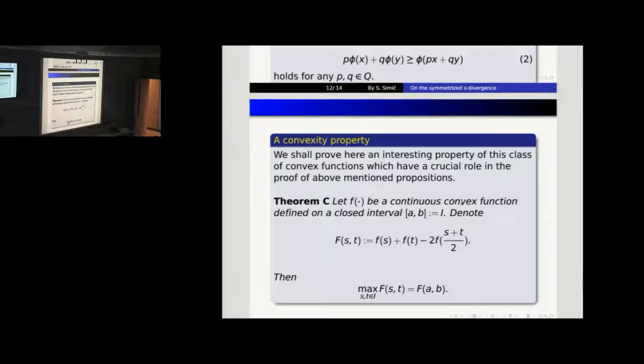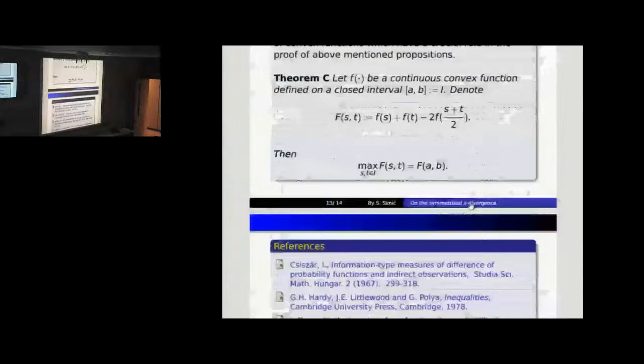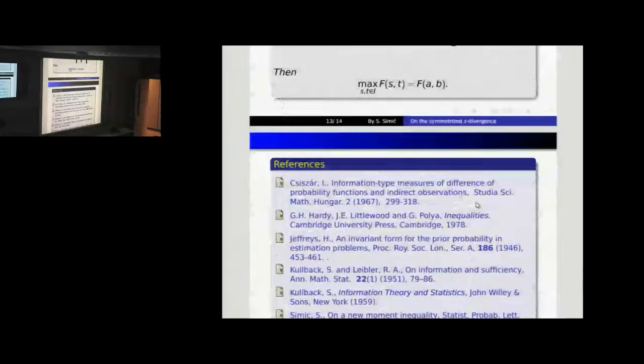And now I will finish really. So these are the references. Hardy and Littlewood is a classic. Jeffreys is the symmetrized Kullback-Leibler divergence. Kullback and Leibler, their original work.